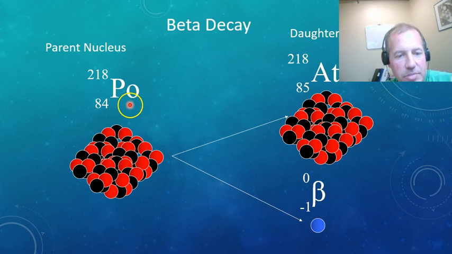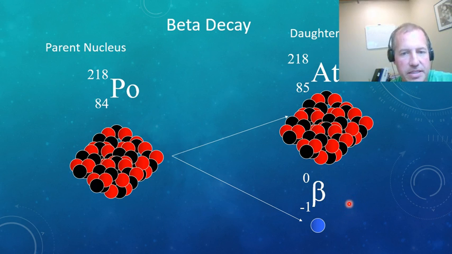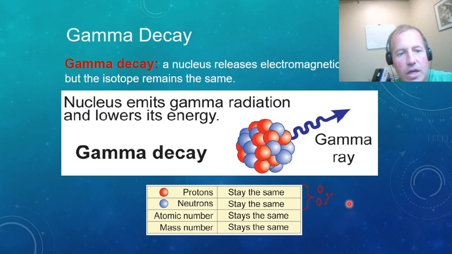Our polonium here, Po, is going from 84 to our astatine here, which is 85. So we are gaining a proton, and in the process of that, we are also emitting a beta particle. So that's beta decay.